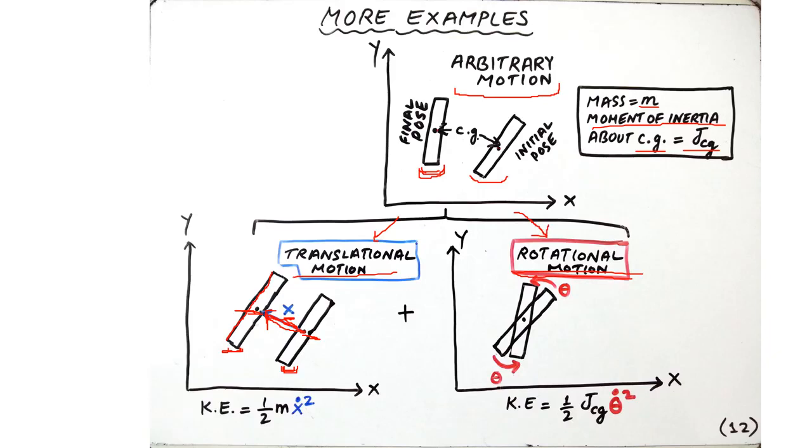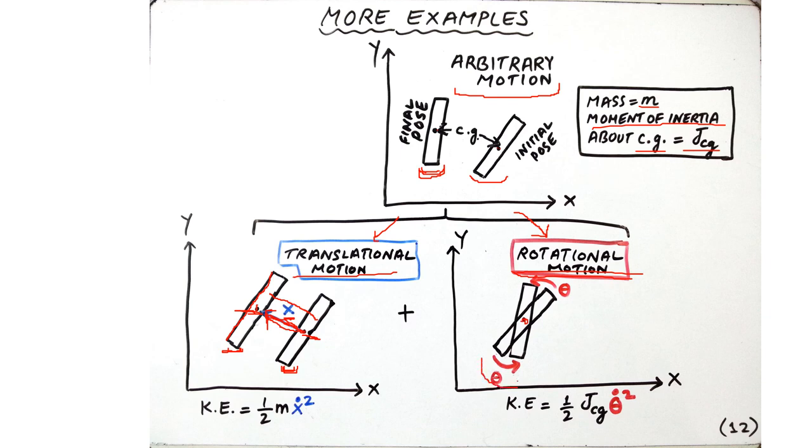So how can we describe the rotational motion? Once the pendulum bar has relocated to a new position, I mean its center of gravity, without the change of orientation, then the rotational element will just rotate this bar about its center of gravity. So there is going to be some angular motion.